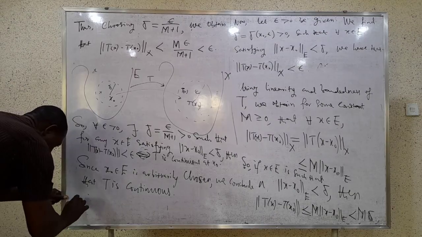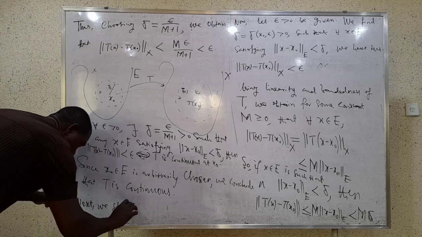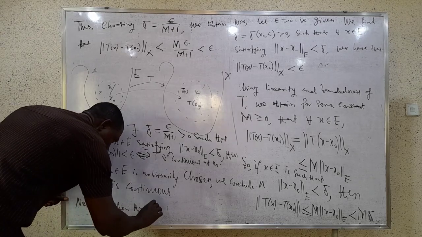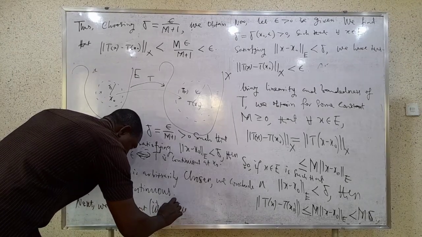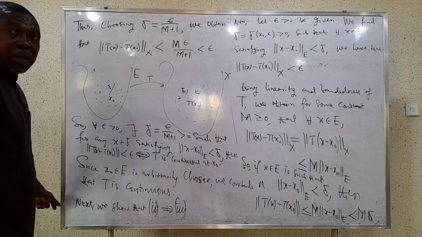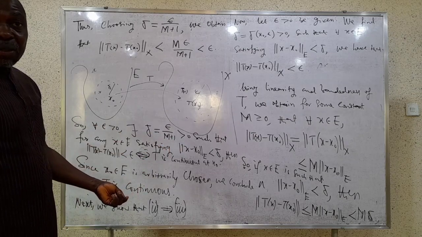So next, we show that the second statement implies the first. That is, we show that T continuous implies that T is continuous at the origin.